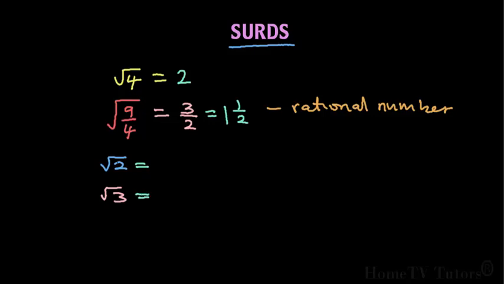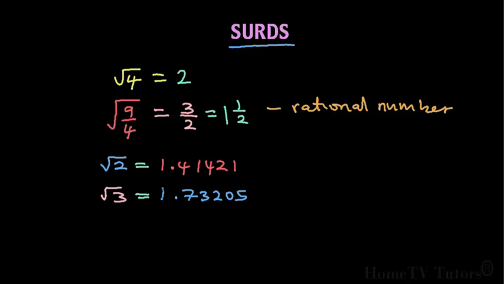So for instance, the square root of 2 to 5 decimal places is 1.41421, and the square root of 3 to 5 decimal places is 1.73205.